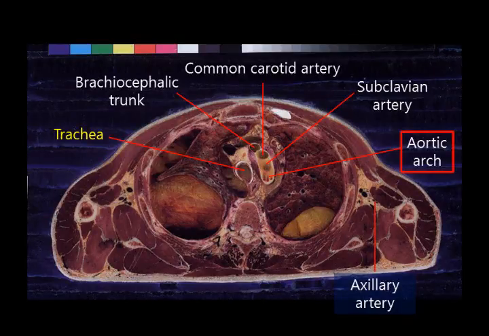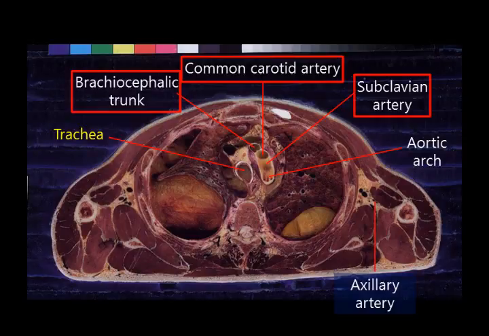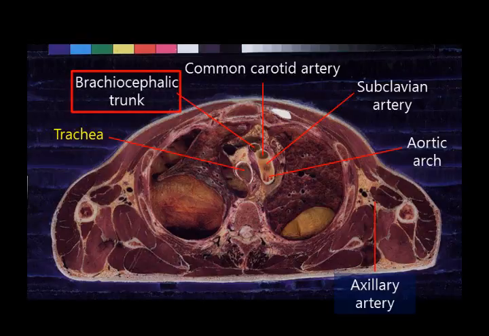The 3 parts of the aortic arch are the brachiocephalic trunk, common carotid artery, and subclavian artery. The brachiocephalic trunk is divided into the right common carotid artery and right subclavian artery.